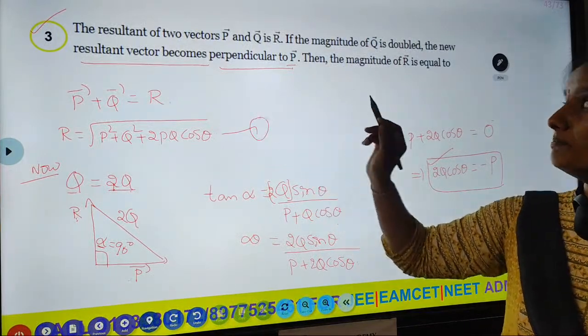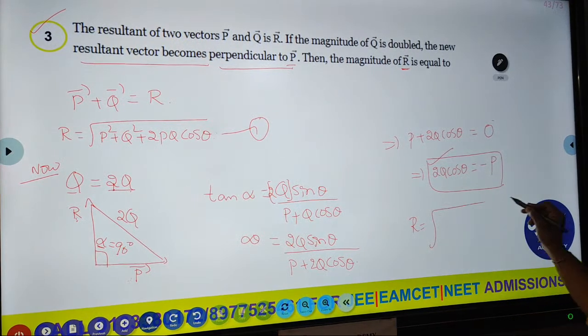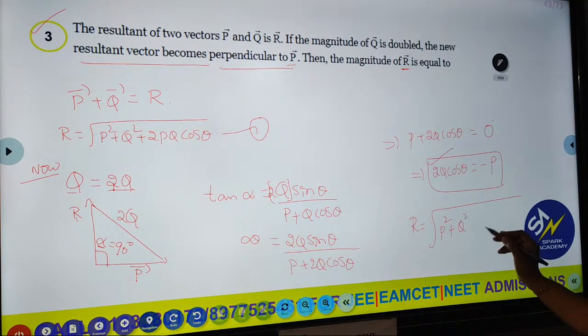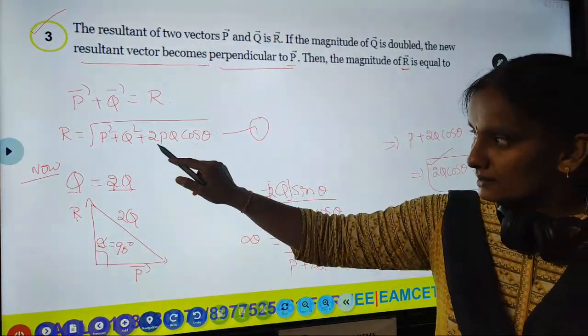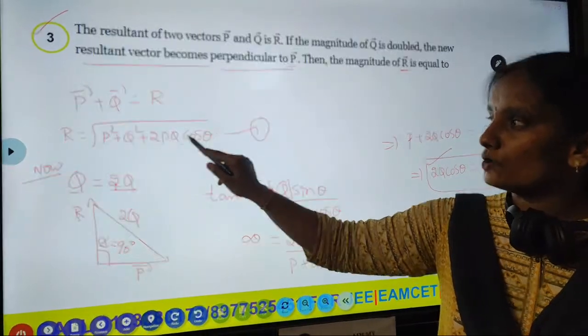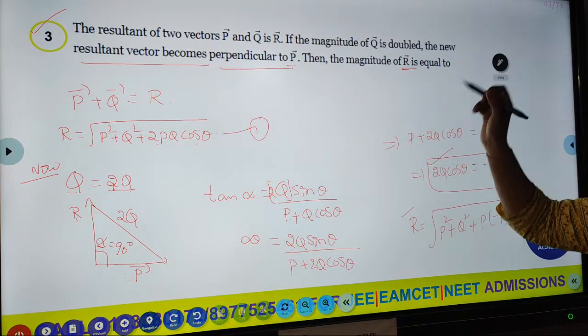Take it as equation 1, because we need to find the magnitude of R. So R is equal to under root of P square plus Q square plus 2PQ cos theta, where 2Q cos theta is taken as minus P, into P. If you simplify this, that is the resultant magnitude of the R value.